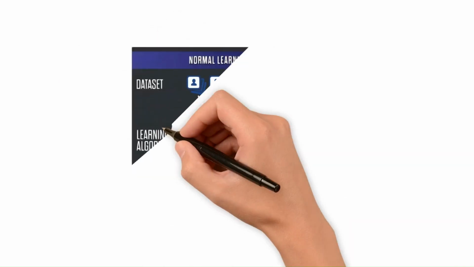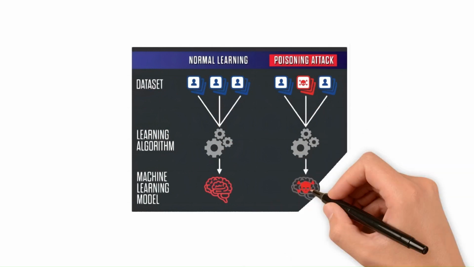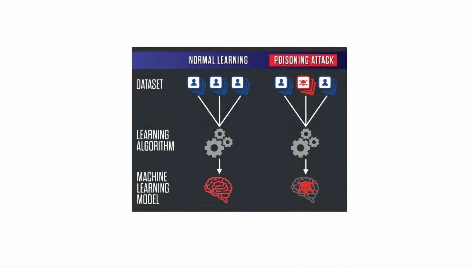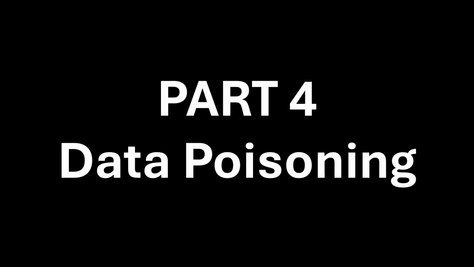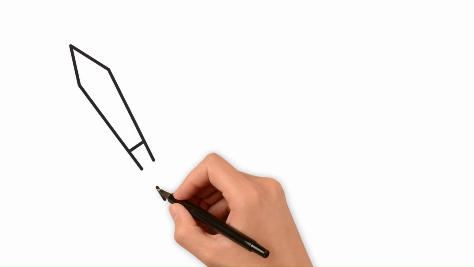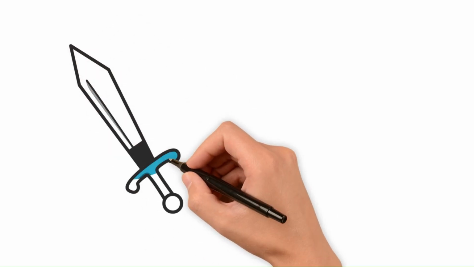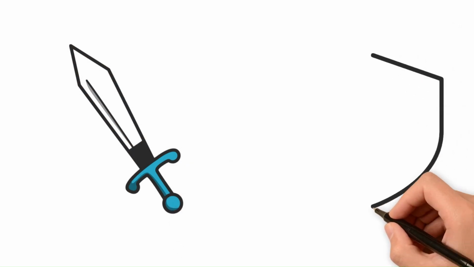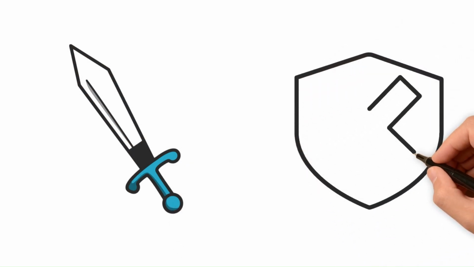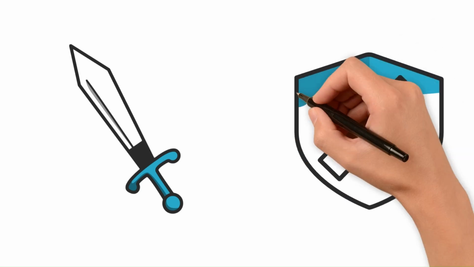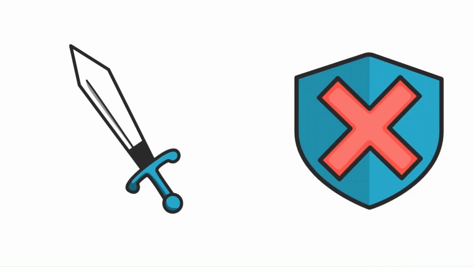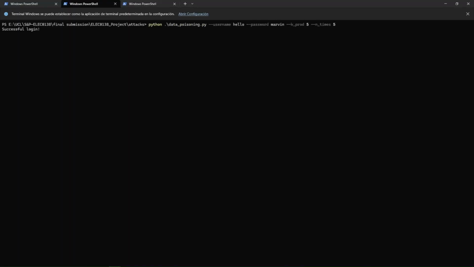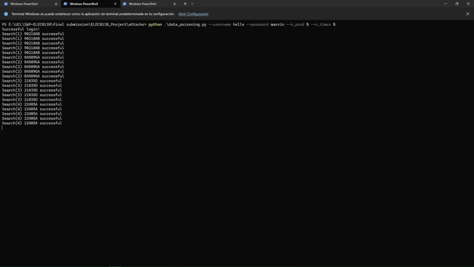One of the possible defense mechanisms against privacy attacks can also be considered an attack itself. That is, data poisoning. Part 4. Data poisoning can be considered an attack or a defense mechanism depending on which side you look at it from. It consists of an attack against the training data of machine learning models. The attack is a simple automated script that performs many search queries, polluting the data collected by the website.